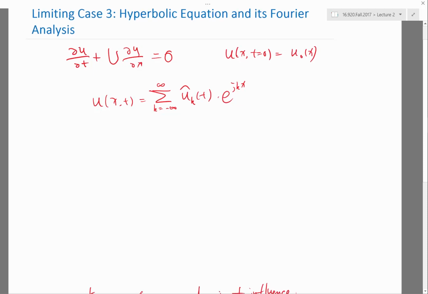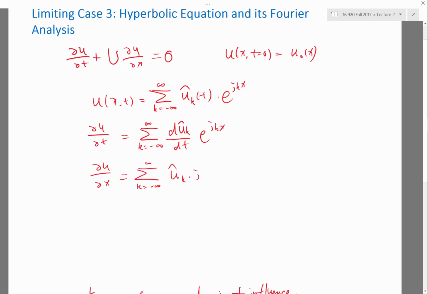The first derivative term is exactly the same as in the parabolic equation case, so we get d u hat dt. What's different is that instead of a second derivative, we have a single derivative, so we have a jk instead of a minus k squared.